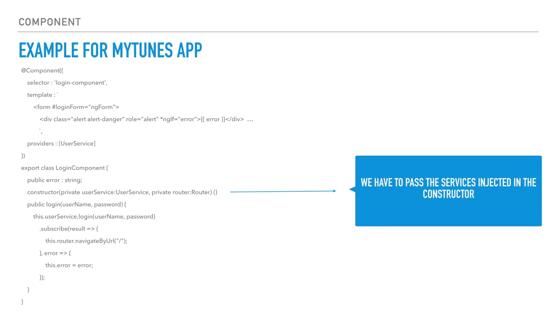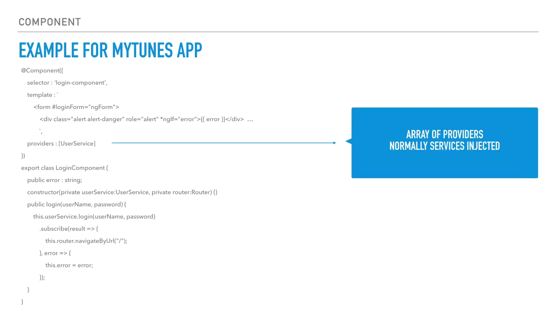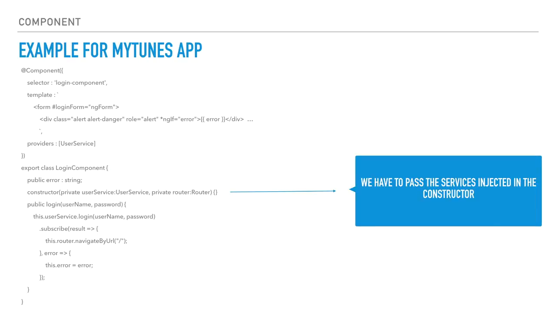This will be injected, and the second variable also will be injected from Angular. We will get into more details about injecting and also about the router later, but it's important to remember that if you have a service and you want to inject it in your component, you have to first specify that this component needs providers like the user service, and second, we have to inject this service in the constructor. This is mandatory, super important.